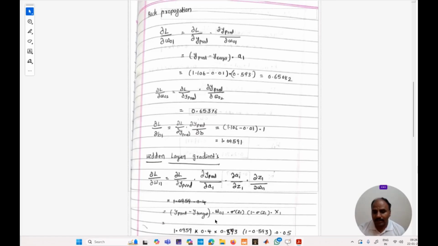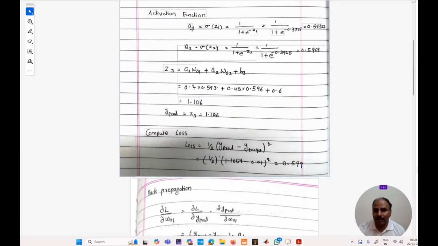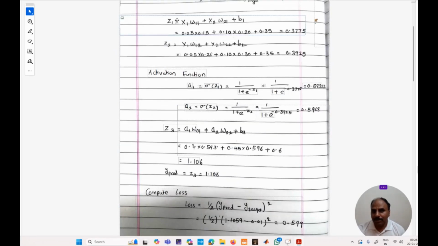Then ∂A1 by ∂Z, because A is already arriving, gives one equation, and then ∂Z by ∂W1. Like this, with back propagation we move step by step from the output side towards the input side. Here is our target, up to here we have to make the differentiation.